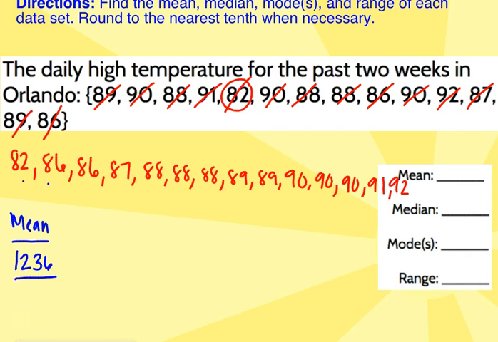There's 1, 2, 3, 4, 5, 6, 7, 8, 9, 10, 11, 12, 13, 14. Divide this by 14, and we find that our mean is 88.28. This is round to the nearest tenth, so that's 1 decimal spot, so 88.3. That is our mean.